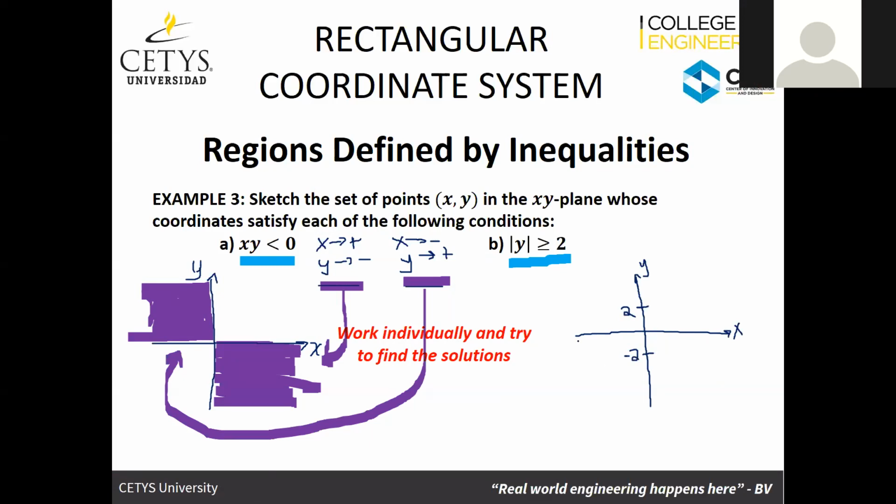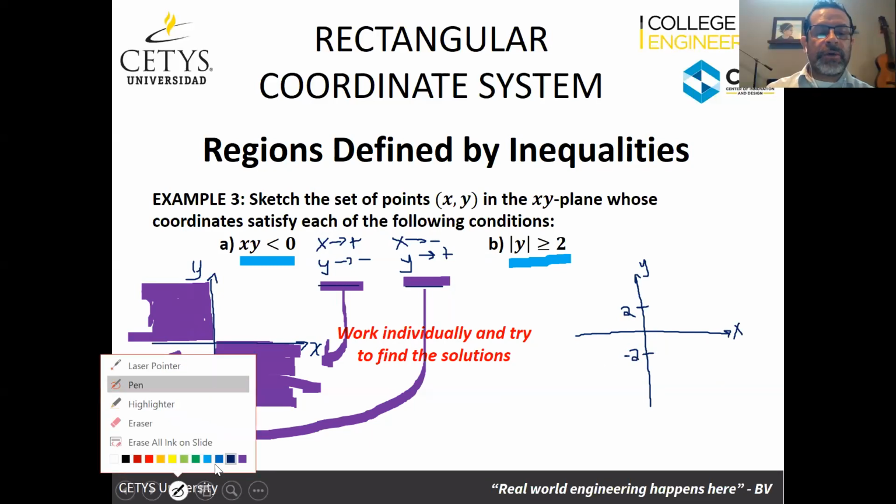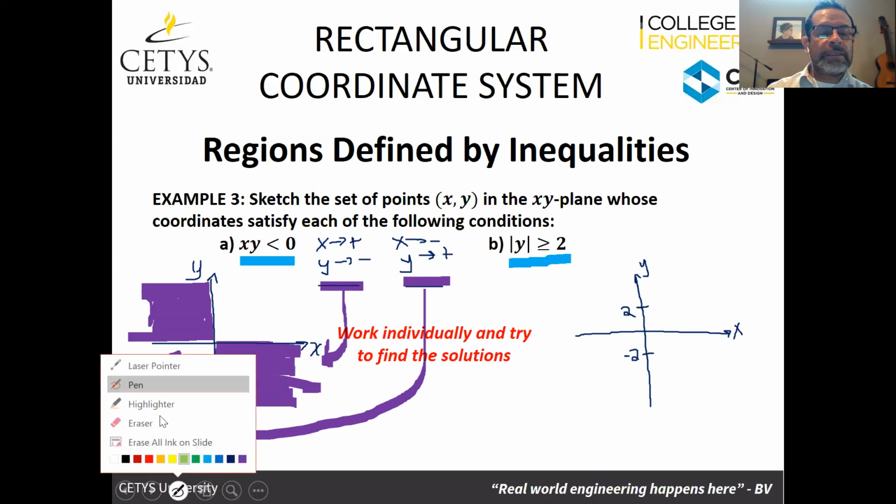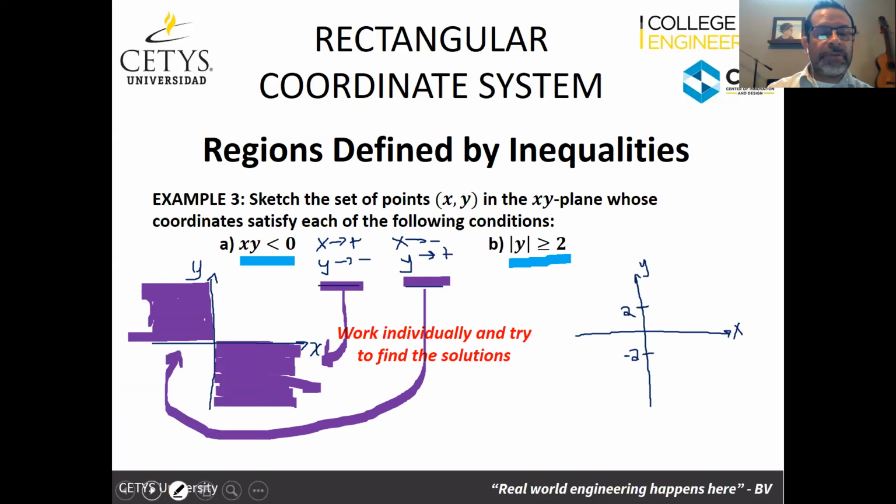Okay? Yes. And so the region that's going to comply with this inequality is going to be all of the values that are larger than 2, which is going to be all of this region here, all of the values that are greater than or equal to 2, and all of the values that are less than -2, because we're talking about the absolute value.